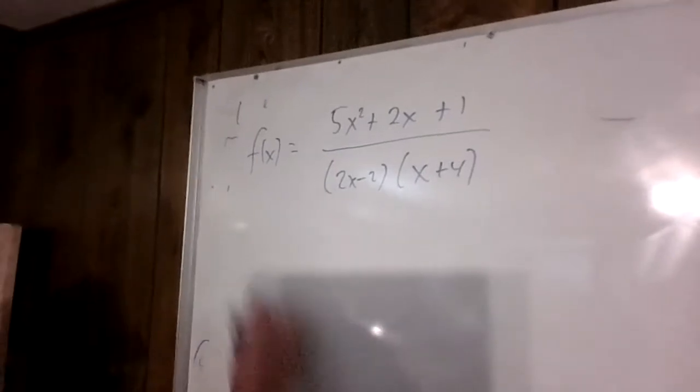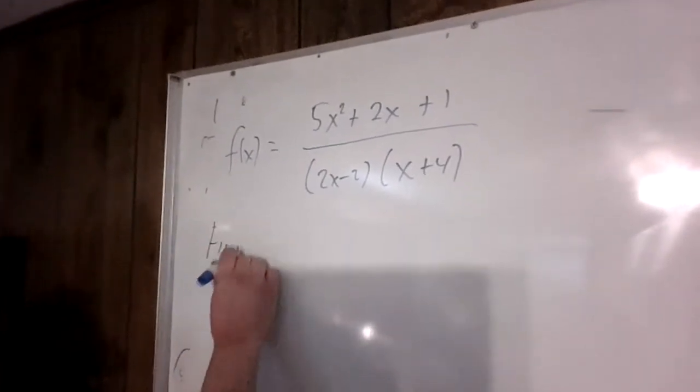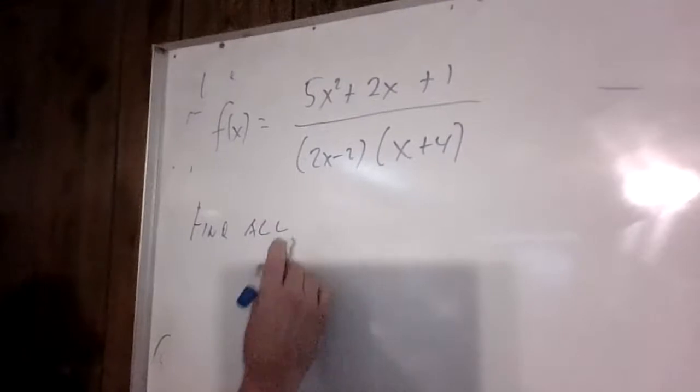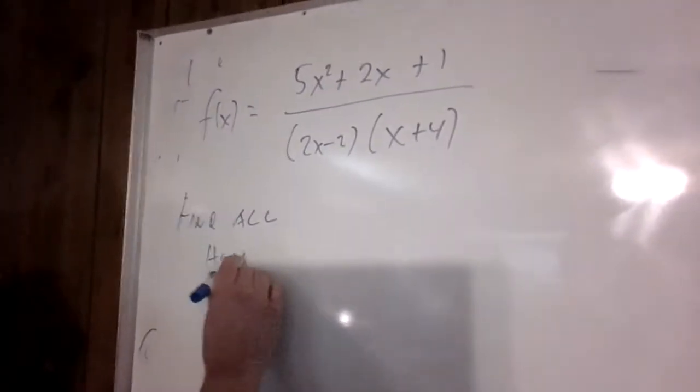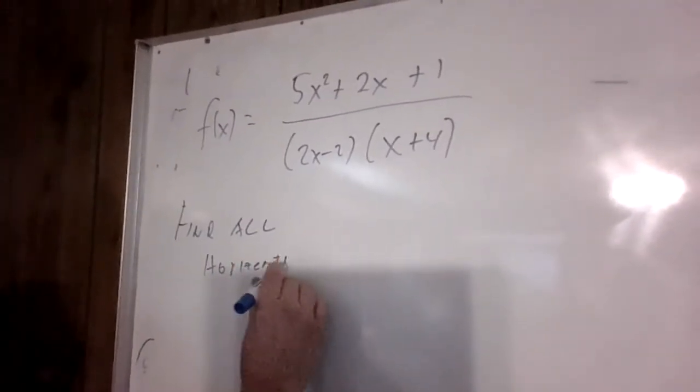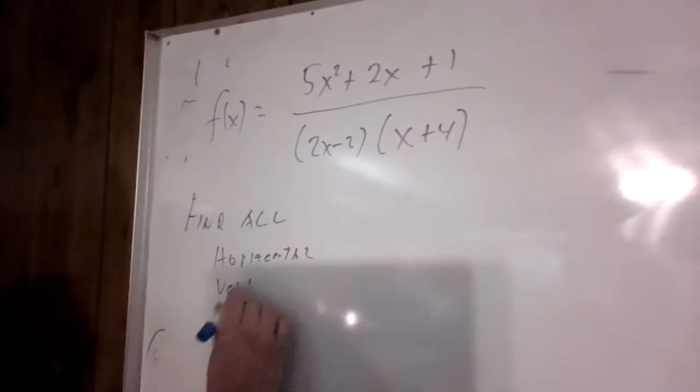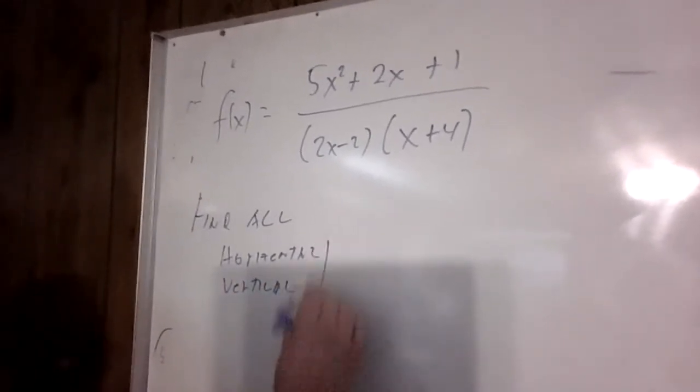All right, so we just want to find all horizontal and vertical asymptotes.